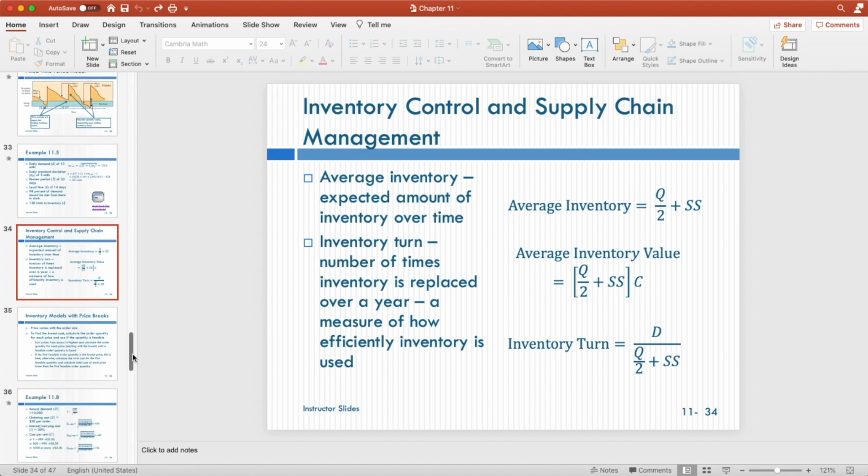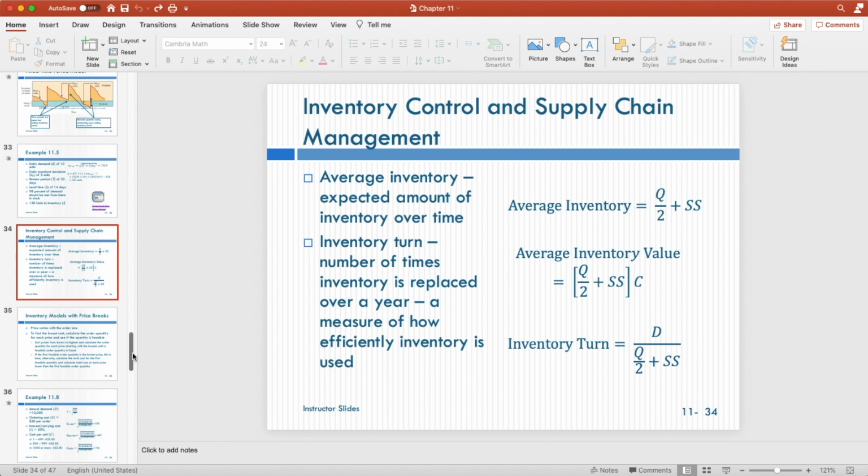Actually, the last thing about the quantitative methods that we will talk about is inventory turnover. If you're a finance major, you may have heard about turnover measurement. Inventory turnover is a specific measurement within the operations management field. It's very important, but also very easy to calculate.